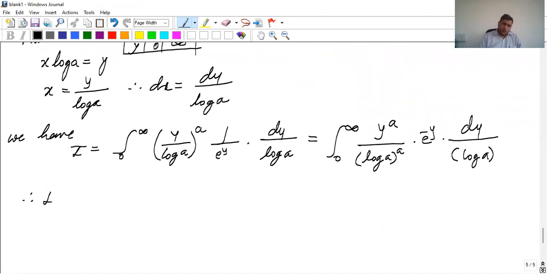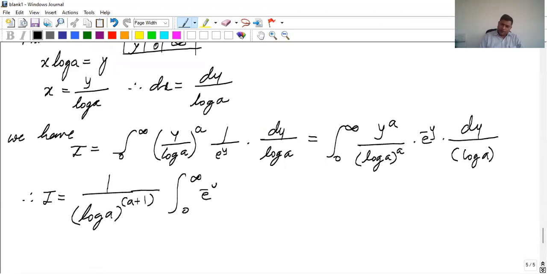So we can write I is equal to, this is log a raised to a and this is log a again. So can we write it as log of a bracket raised to a plus 1 and the integral 0 to infinity e raised to minus y, y raised to a dy.